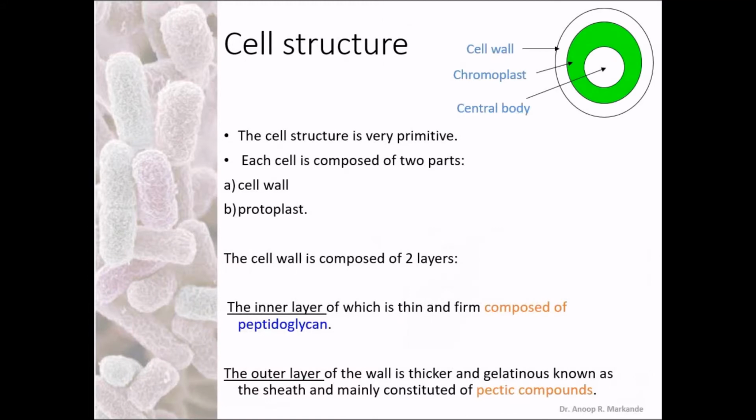The cell structure is primitive, just like a usual prokaryotic cell, and each cell is composed of two parts, cell wall and a protoplast. The cell wall is composed of two layers, an inner layer which is a thin film of peptidoglycan, and an outer layer which is a sheet composed of pectic compounds.